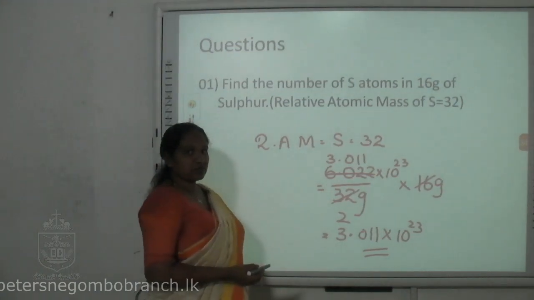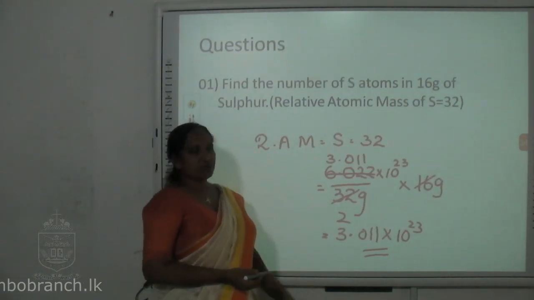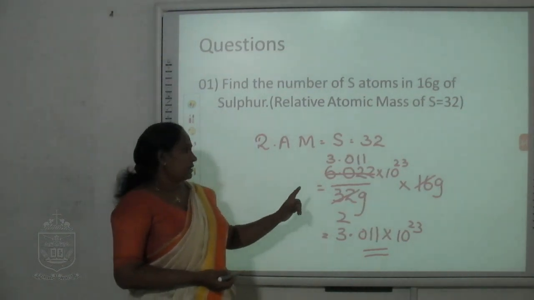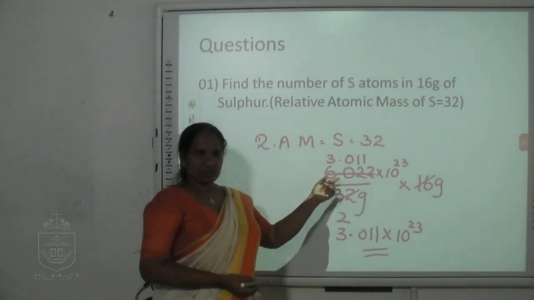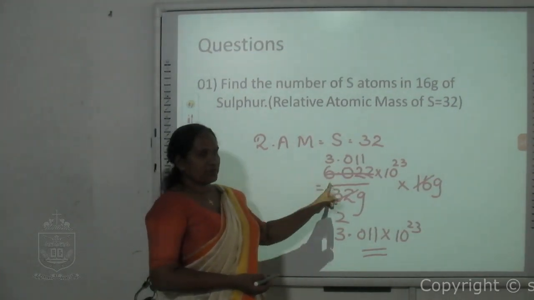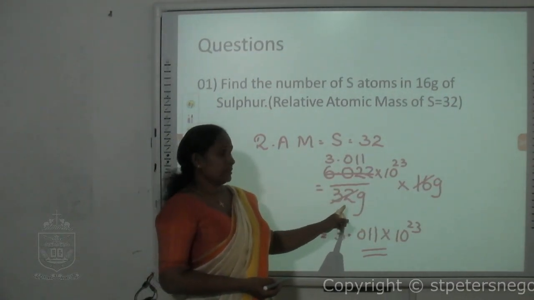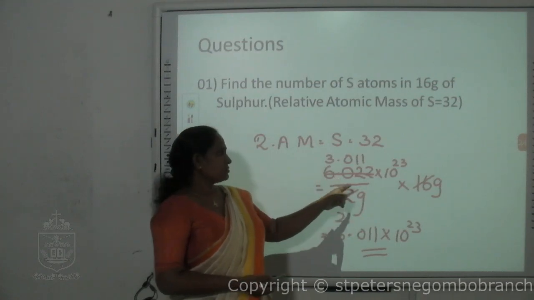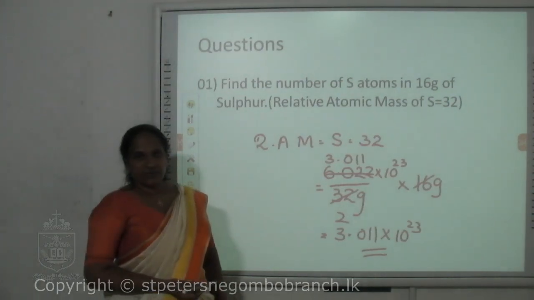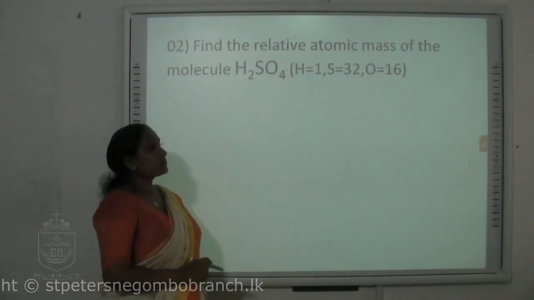When you have a question like this, first we have to find the relative atomic mass, and the relationship of that we know, relative atomic mass and the Avogadro number. Then from that get the relationship, and if in 32 grams this much, we have to find out in 16 grams of sulfur.